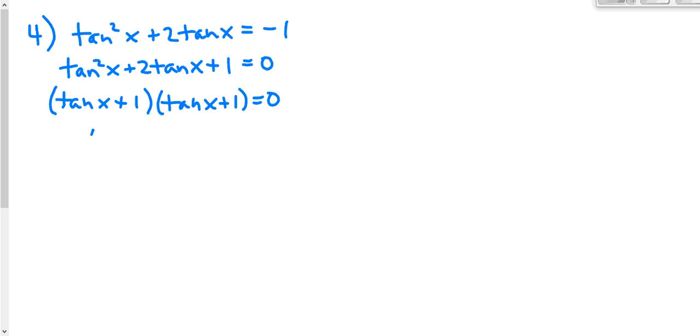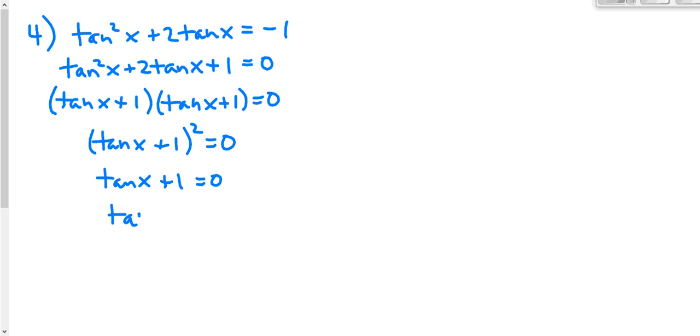So we have tangent x plus 1 quantity squared. We can just square root, and when we square root 0, we get 0. So if tangent x plus 1 equals 0, subtract 1 from both sides, tangent x equals -1. Take the inverse tangent. x is the inverse tangent of -1.